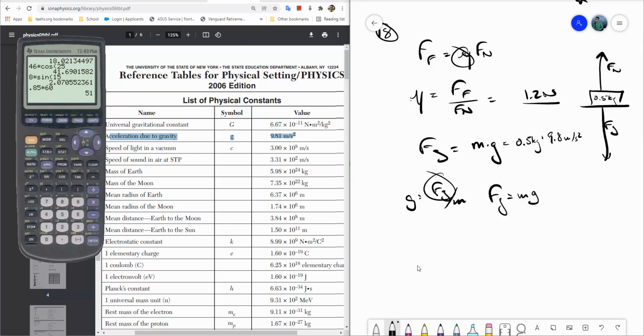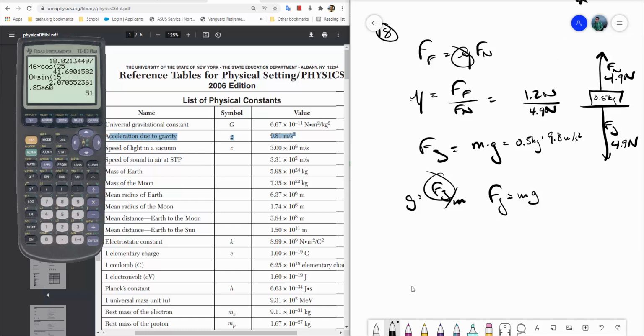So half of 9.8 meters per second squared gives you a force of gravity of 4.9 newtons. That means the normal force is 4.9 newtons up. That means you can do 1.2 newtons, which is the force of friction, divided by the normal force of 4.9 newtons.